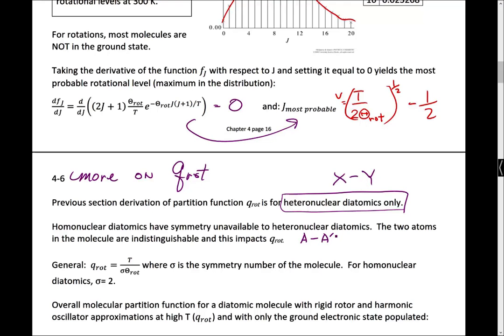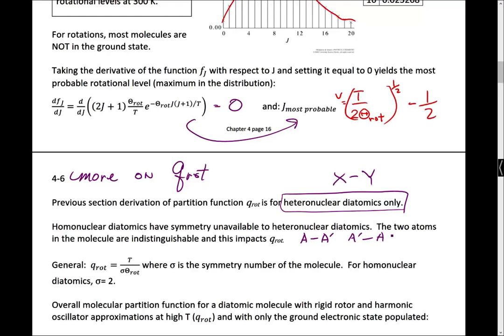I'm going to label one of them. And what we know is that I could flip this, and it looks exactly the same. So that's A. So this gives rise to what we call a symmetry number.